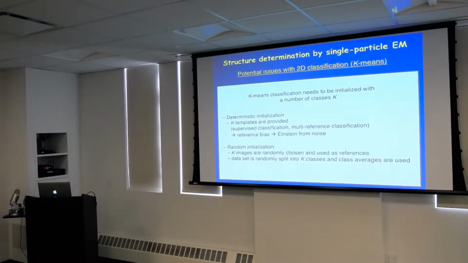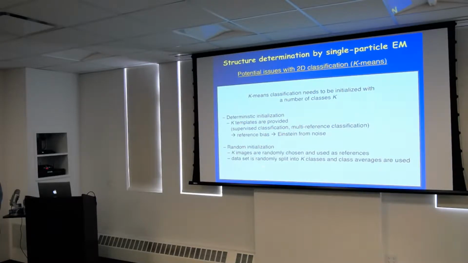The other way to initialize k-means classification is by random initialization. You can either go with a number of randomly chosen images from your data set. The problem is that this is very noisy, and it's not going to give you a very good alignment at the beginning, so it's going to take a long time to get to a point.